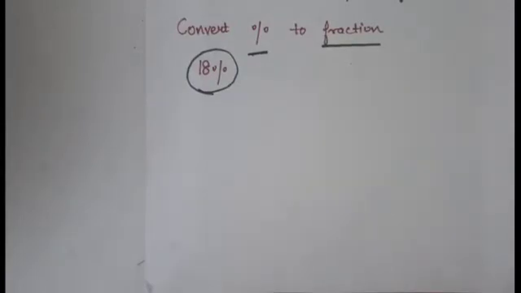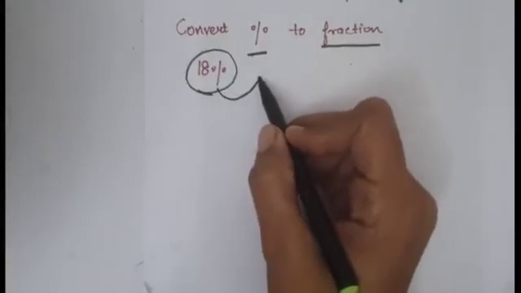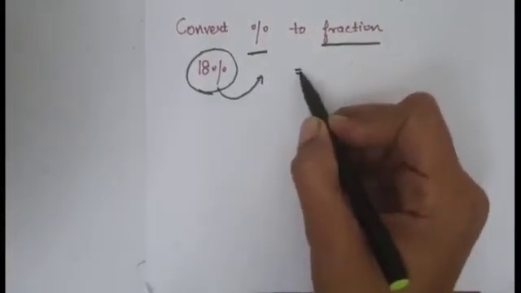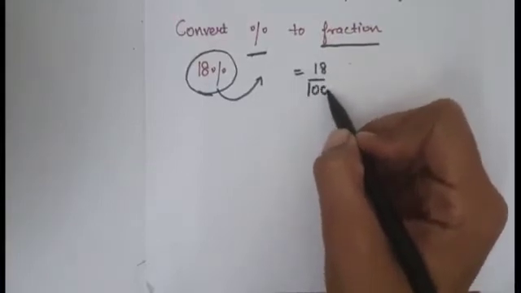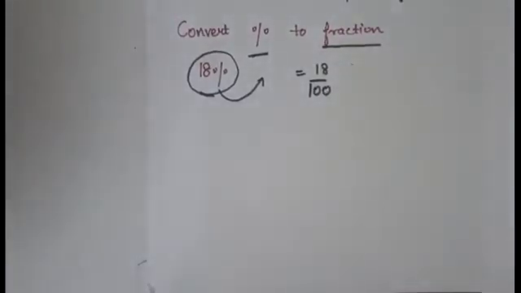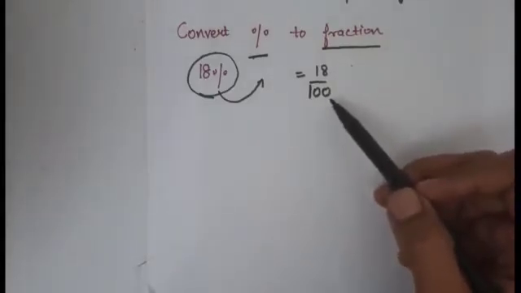Always keep in mind, whenever we remove the symbol percent, we put the 100 in the denominator. So what we get? 18 upon 100. Now, if the cancellation is possible, then you have to do it. Otherwise, this will be your final fraction.